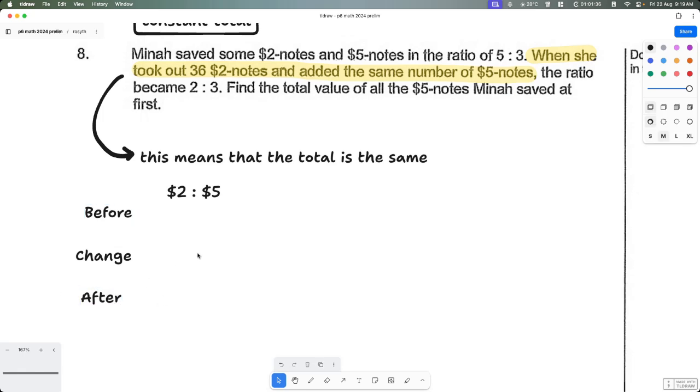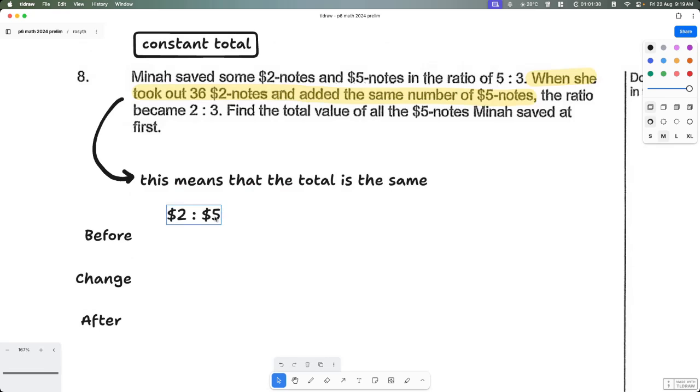So $2 to $5, and we also want to get a total as well. So $2 to $5 is 5 to 3. That means the total is 8.